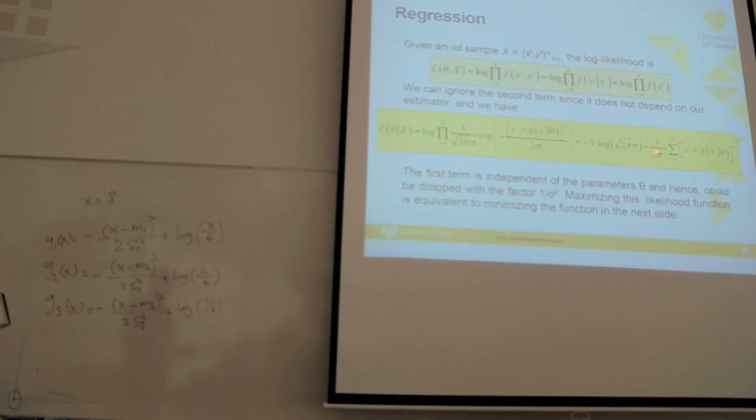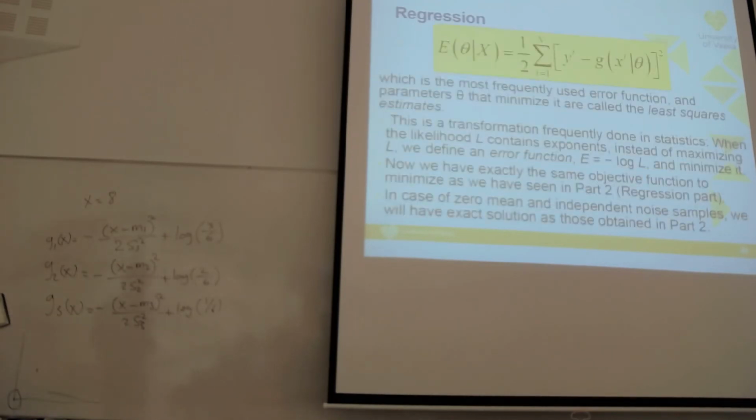If you assume that your noise is normally distributed, then finally you will reach this formula, and we like to maximize the likelihood, which means minimizing this function, and this is exactly what we have done in the second part.